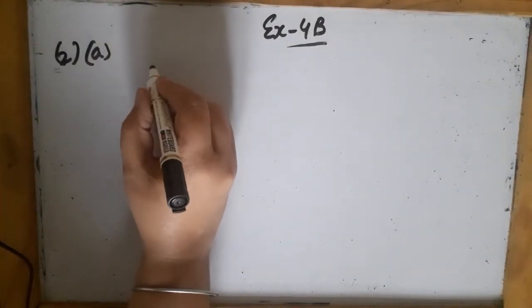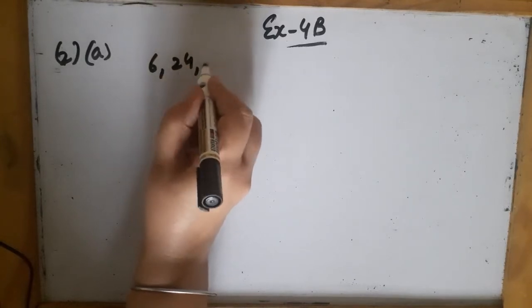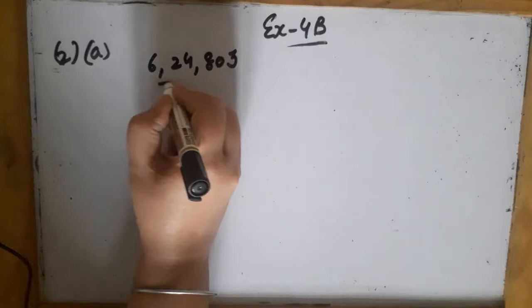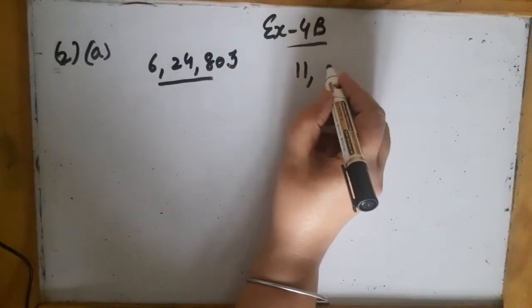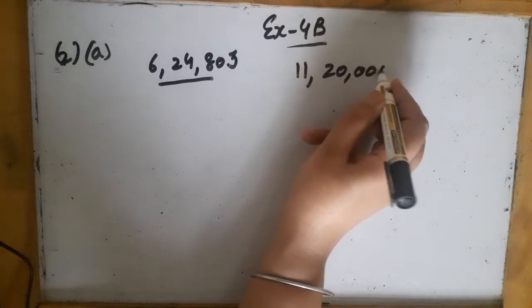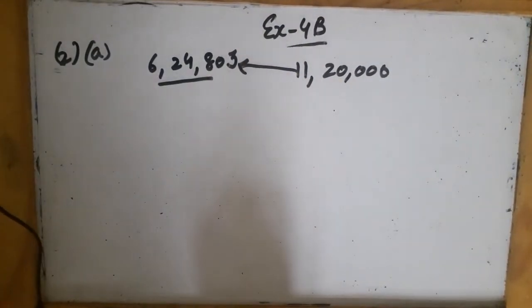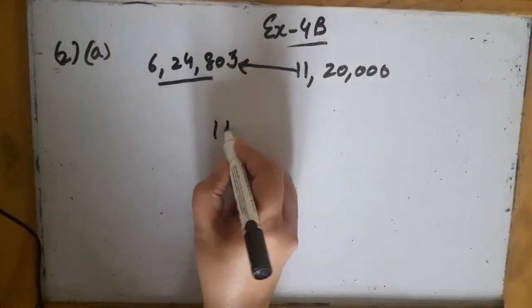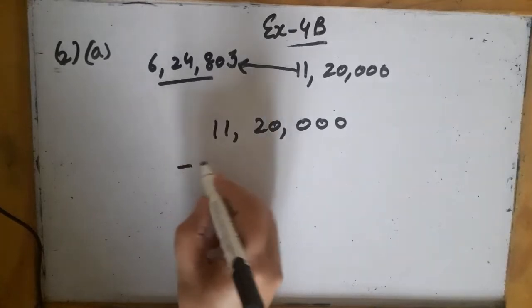So they are asking you how much is 624,803 जो है वो 11,20,000 से कितना छोटा है. कितना छोटा है ये नंबर. So what I will do, I will subtract both the numbers.